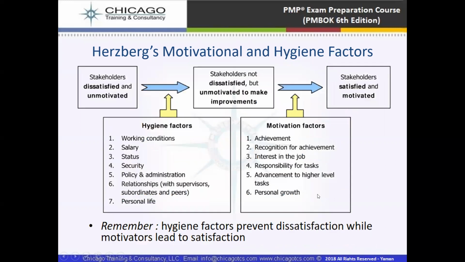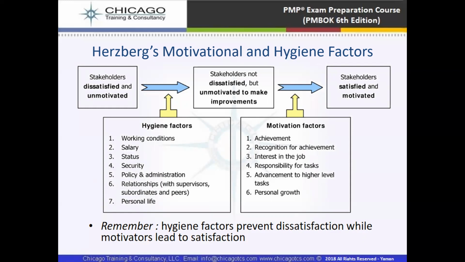Here you can see the Herzberg motivation and hygiene factors flow chart. You can see stakeholders dissatisfied and unmotivated, and there are hygiene factors like work conditions, salary, status, security, relationships, and personal life.